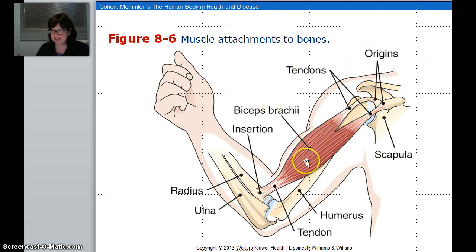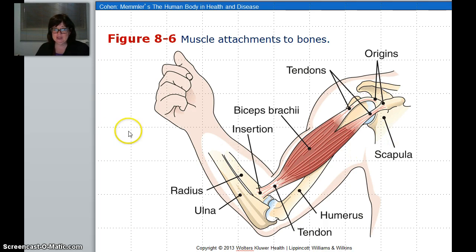But if you look at the bicep, it's called the bicep because you have two parts to it. The origin attaches to the scapula and the insertion attaches to the radius. And then by contracting it, you flex this joint. Okay, that's just an example.